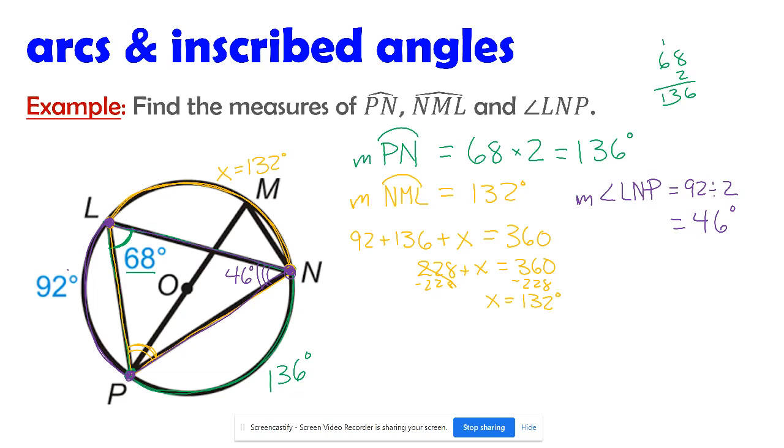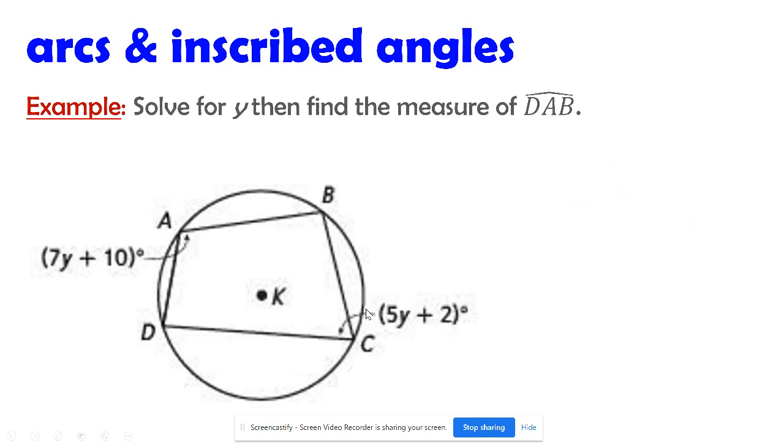So if we want to go from the angle to the arc, we multiply by 2. If we want to go from the arc back to the angle, we divide by 2. And the other thing we knew is that the total number of degrees in a circle is 360. With those 2 pieces of information, we were able to find all this stuff. We could keep going and find other angles if we wanted to, but we're going to move on to our next set of examples.